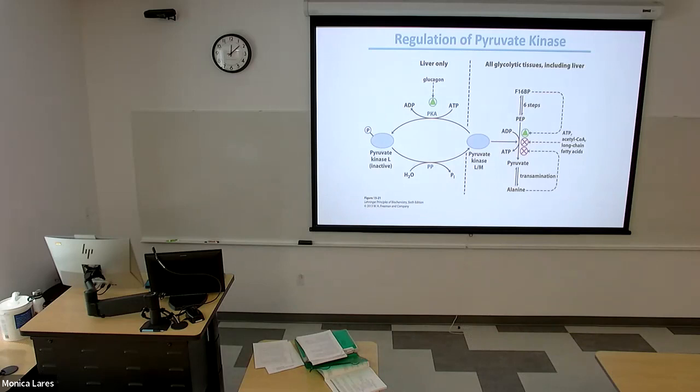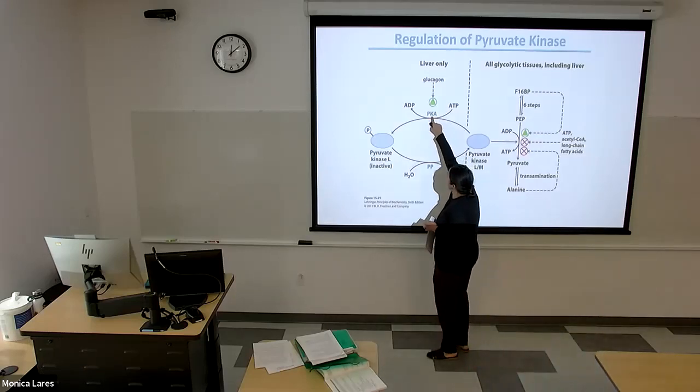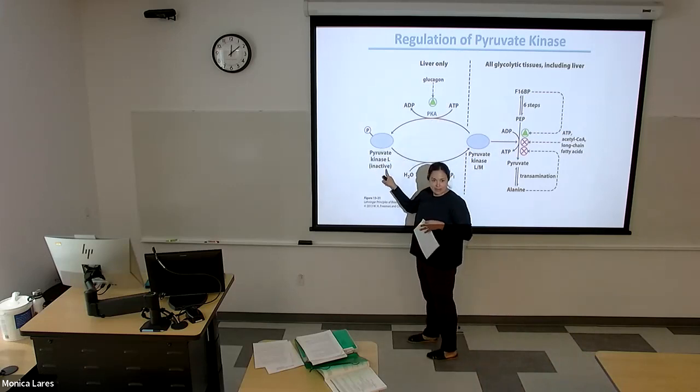Gluconeogenesis. Now, what pathway is pyruvate kinase part of? Glycolysis. So in response to glucagon, do we want it active or inhibited? We want it inhibited. So glucagon leads to this kinase being activated, which leads to phosphorylation of pyruvate kinase, which inactivates it.